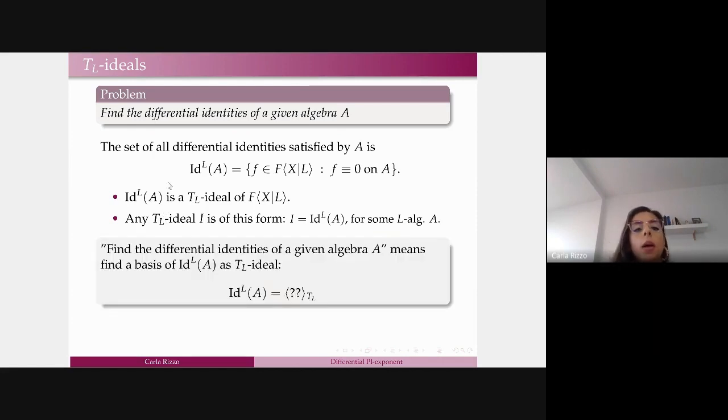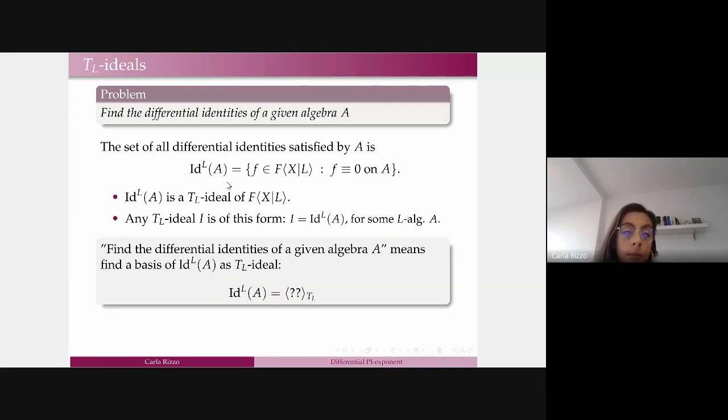So now the question is to find the differential identities of a given algebra. That means finding a basis of the ideal of differential identities, a basis as a T_L-ideal. This is not a really easy task.